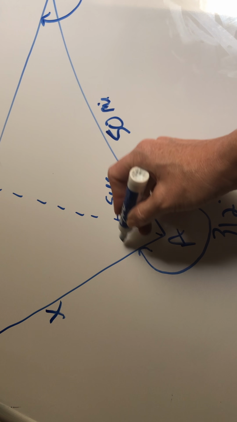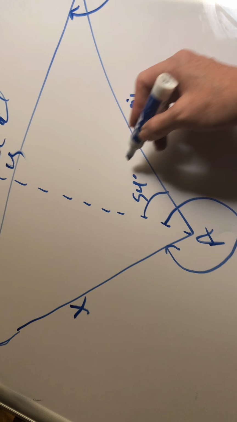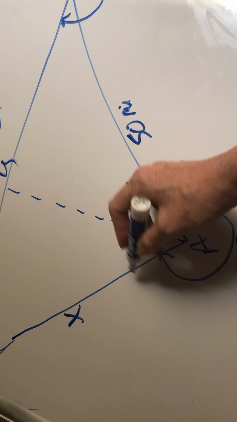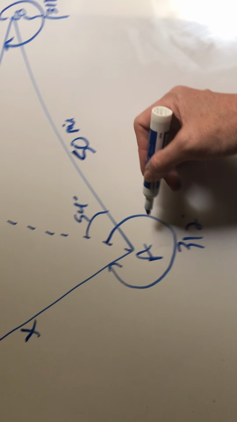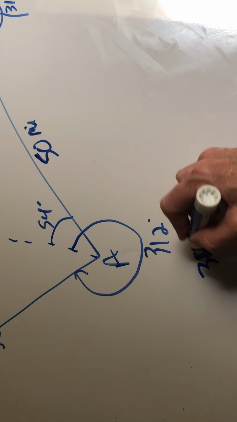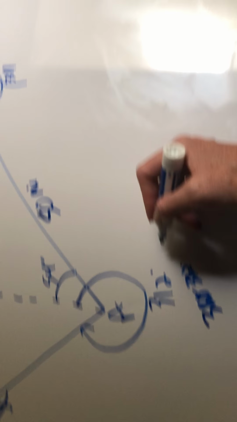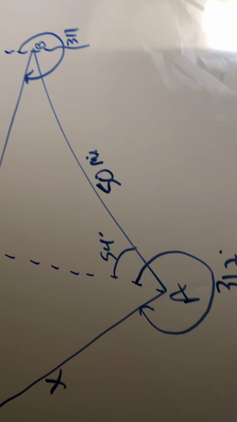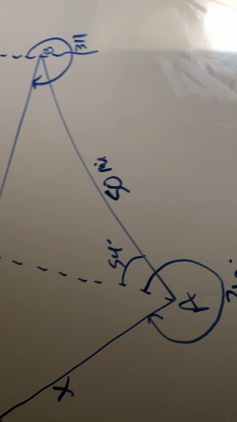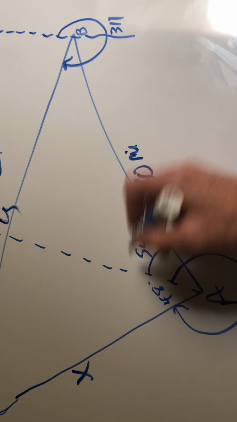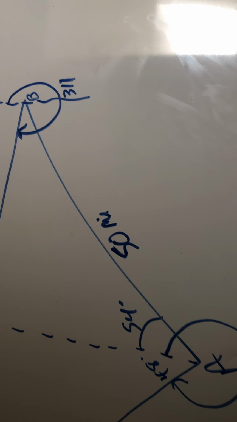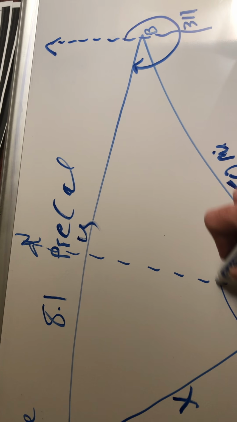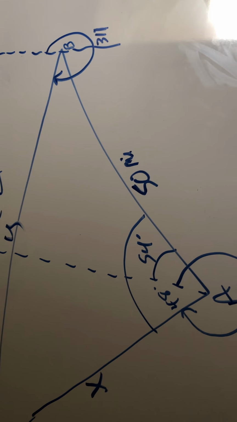So to find this little piece here, which would complete this angle opposite y, we need that whole angle. I would just do 360 minus 312, which is 48. So that would be 48. That would give us this whole angle that we'll have to use here in just a minute.